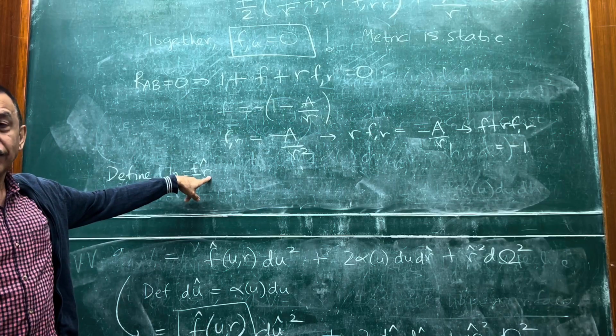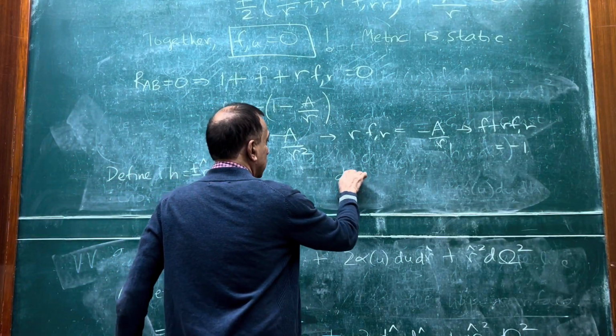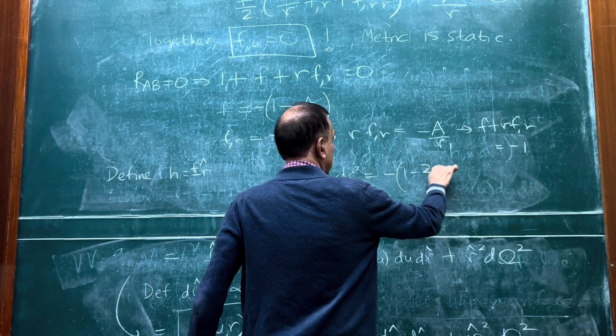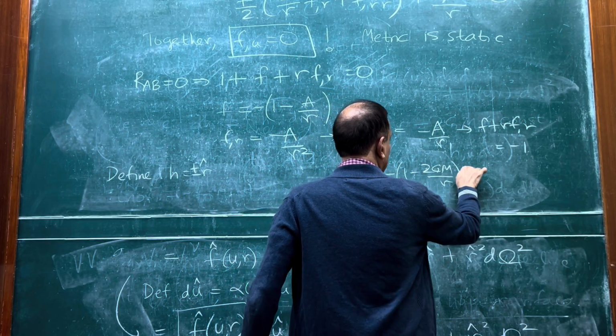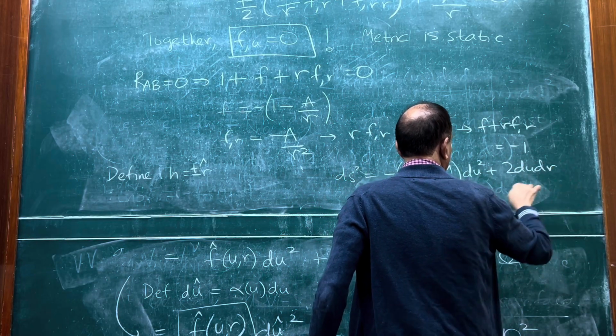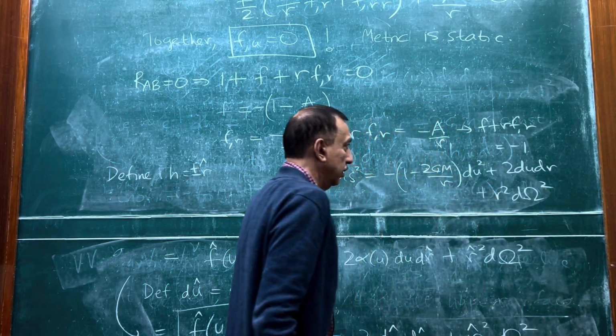If I took plus, I finally got ds squared is minus 1 minus 2GM by r du squared plus 2 du dr plus r squared d omega squared. So actually no mistake as such.